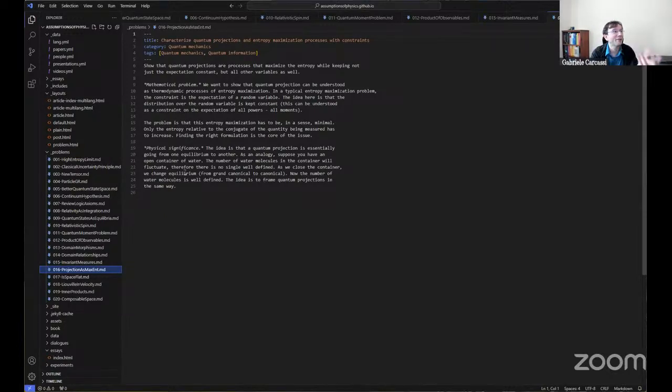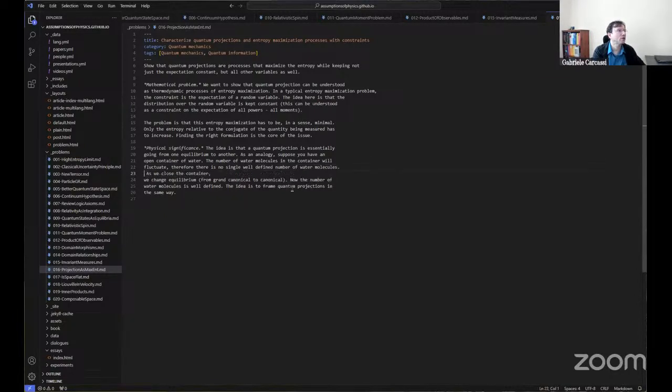And here again, the analogy is in the physical significance. The idea is that a quantum projection is essentially going from one equilibrium to another. As an analogy, suppose you have an open container of water. The number of water molecules in the container will fluctuate. Therefore, there is no single well-defined number of water molecules.